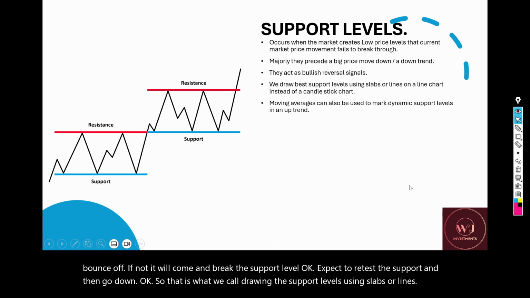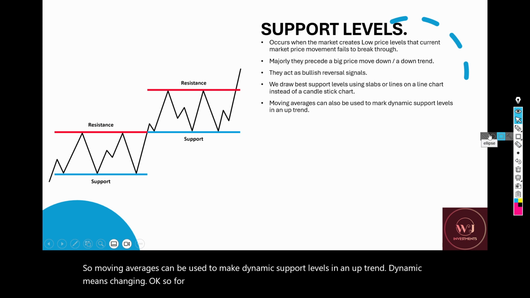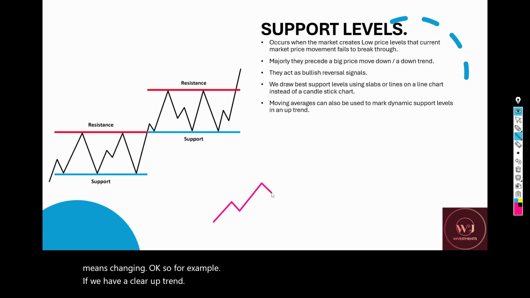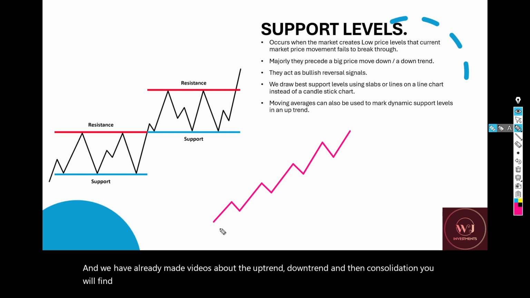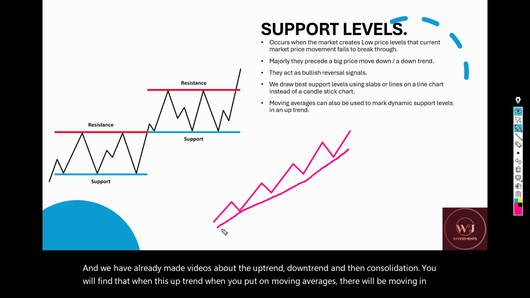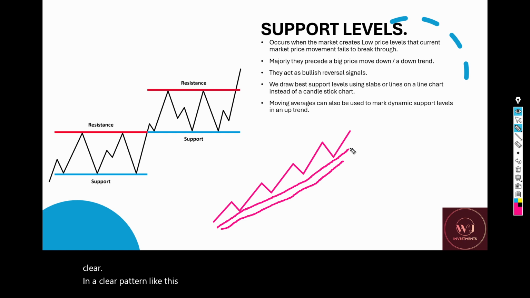So moving averages can be used to make dynamic support levels in an uptrend. Dynamic means changing, okay? So for example, if we have a clear uptrend, and I have already made videos about the uptrend, downtrend, and then consolidation, you will find that on this uptrend, when you put on moving averages, they'll be moving in a clear pattern like this, with a low moving average being higher than the higher moving average.